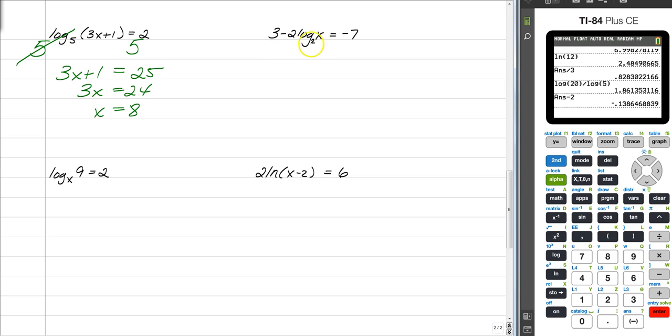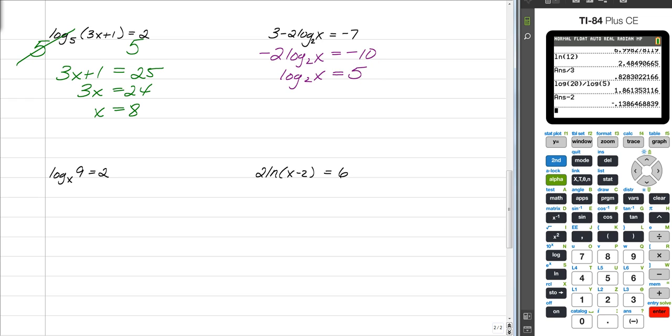So for this one, of course, we've got to get this group all by itself. So the first thing you should have done was subtract 3 from both sides, giving us a negative 2 log base 2 of x is equal to a negative 10. Divide both sides by a negative 2, and we get log base 2 of x is equal to 5.